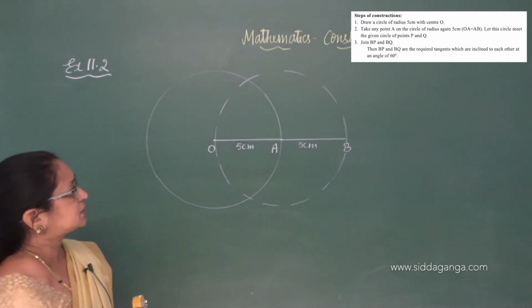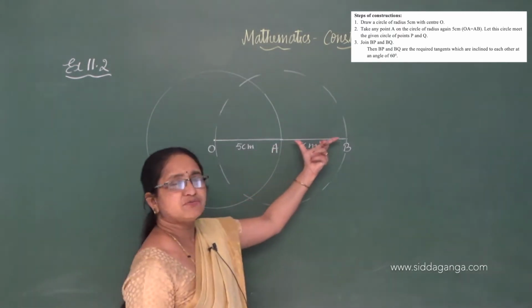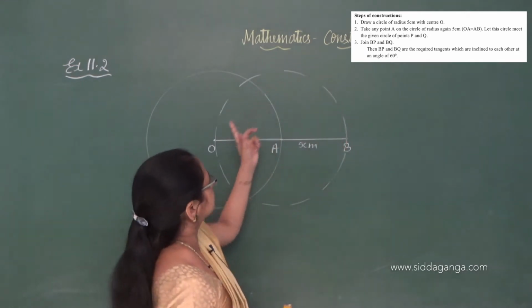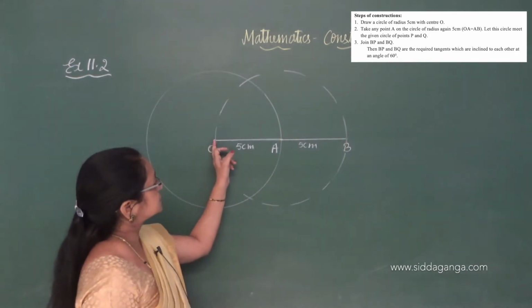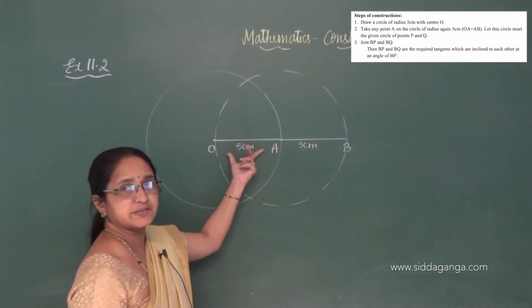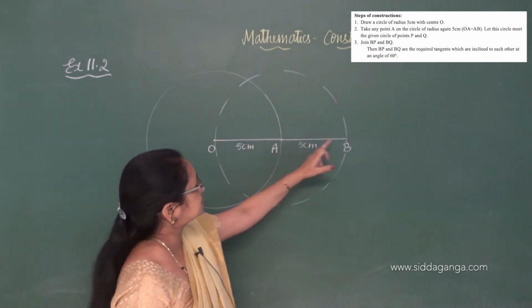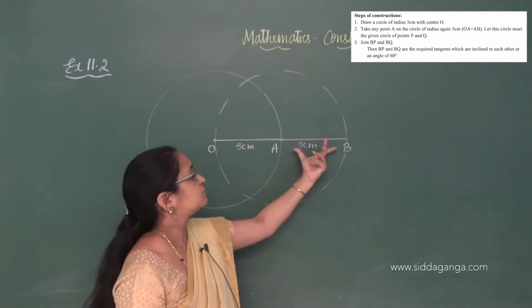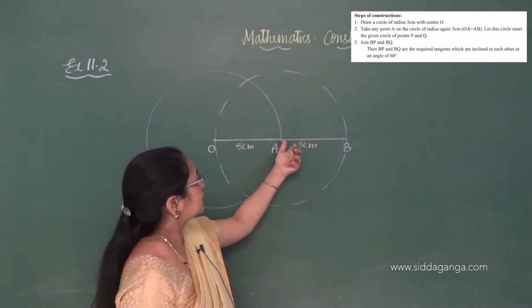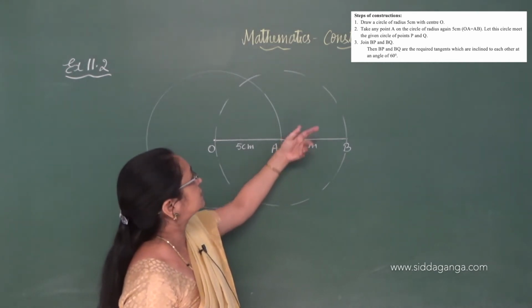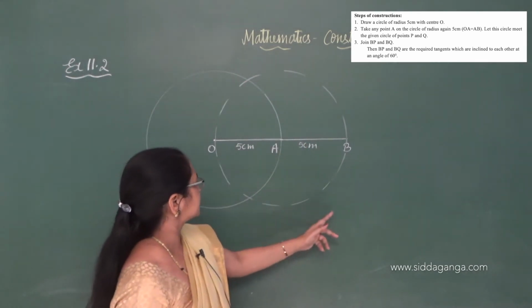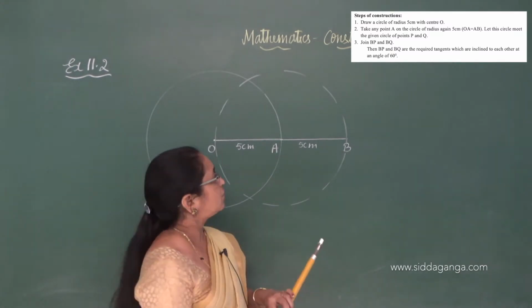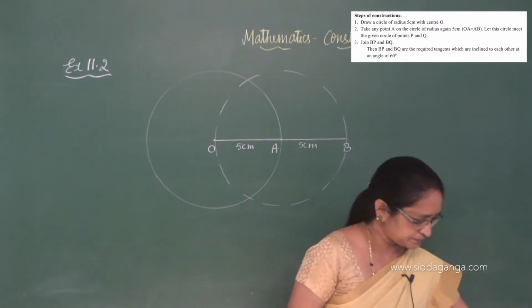Okay, I have drawn another circle of 5 centimeter radius once again. I hope you understood. First, OA is 5 centimeter. Again, I extended this to B, that is 5 centimeter. Here, with A as the center, I have drawn another circle of 5 centimeter radius.